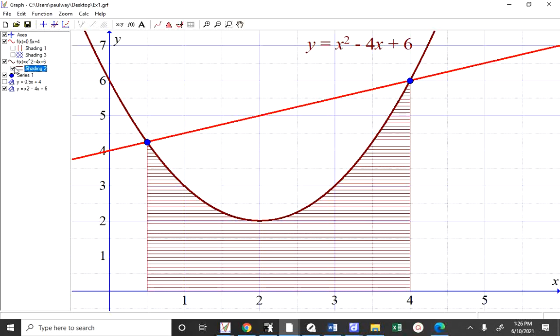It would be the area below the upper function minus the area below the lower function.